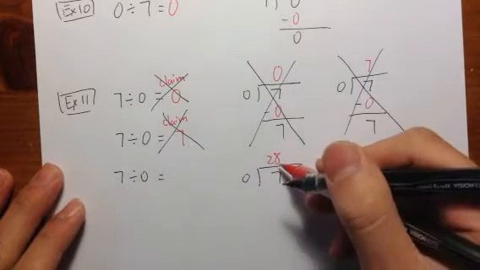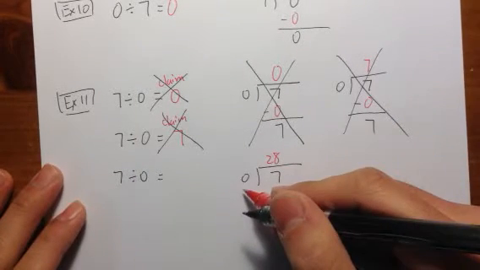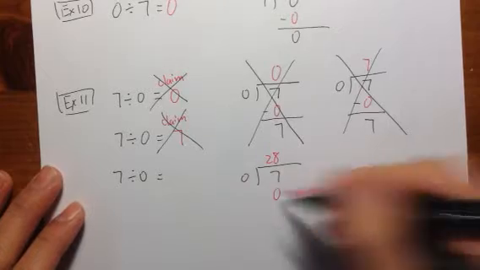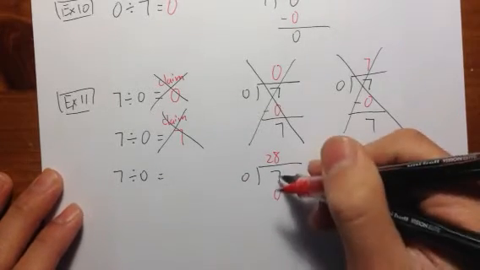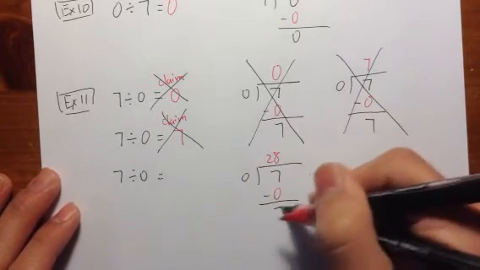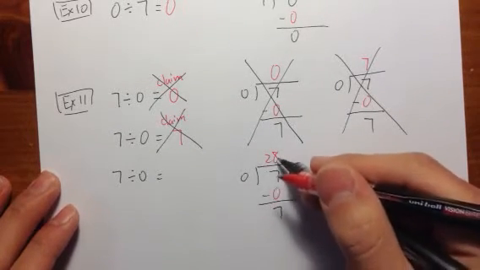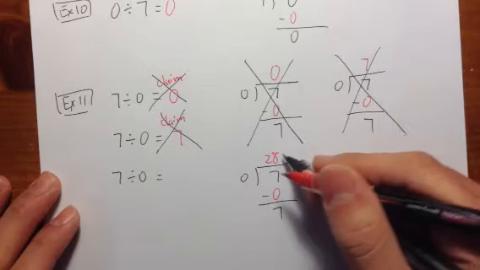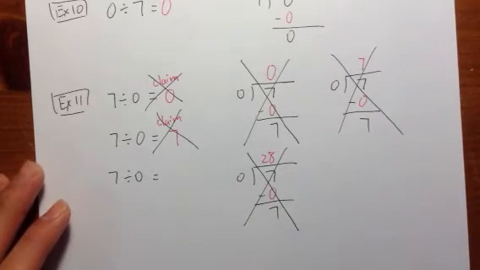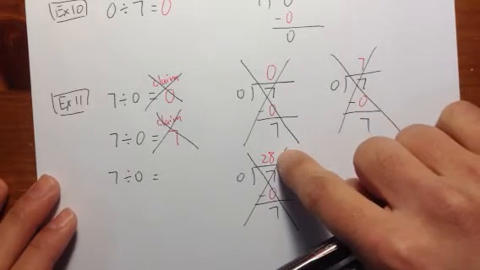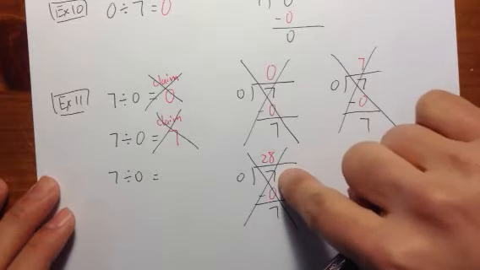Well, if I put 28 here, 28 times 0, what do we get? Again, 0. And 7 minus 0, you get 7. So I just get rid of the 28 because it's not the answer. 28 doesn't work, doesn't help us to reduce this 7 any smaller.